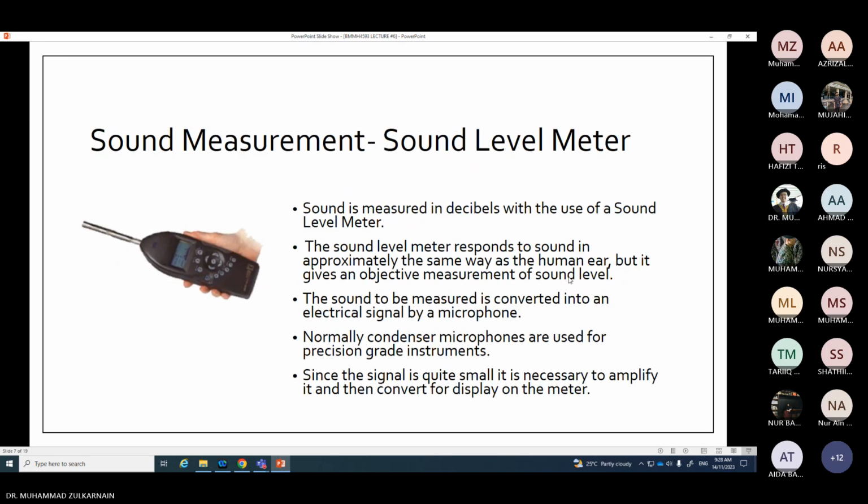So we have several measurement devices and equipment to collect the data.